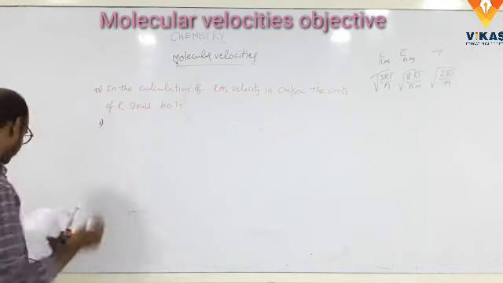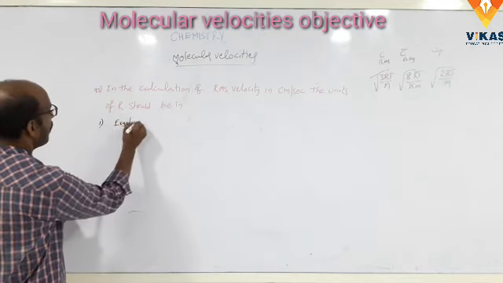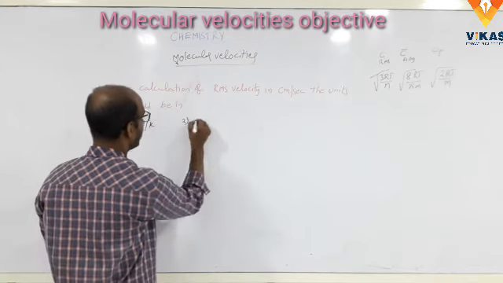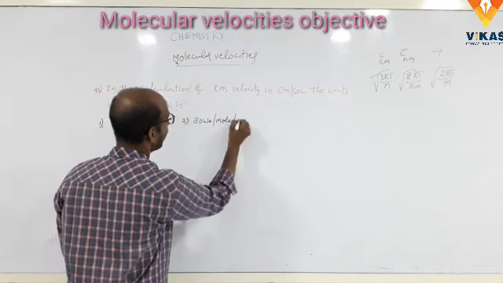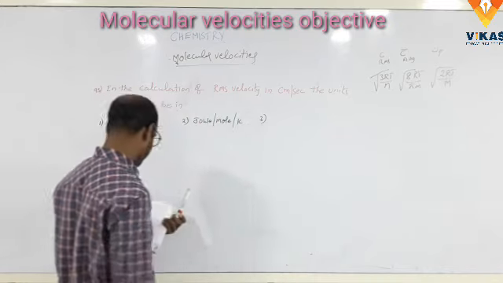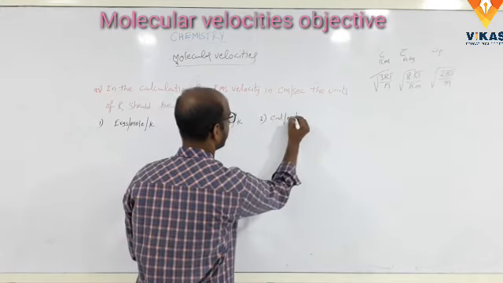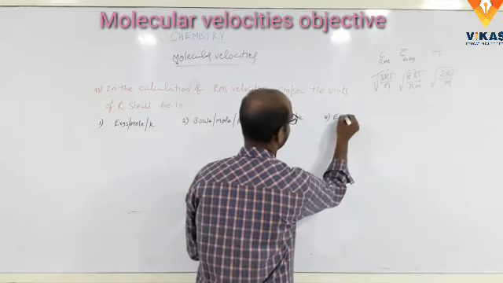Number 1, ergs per mole per Kelvin. Option 2, joule per mole per Kelvin. Option 3, calories per mole Kelvin. And fourth one, ergs.